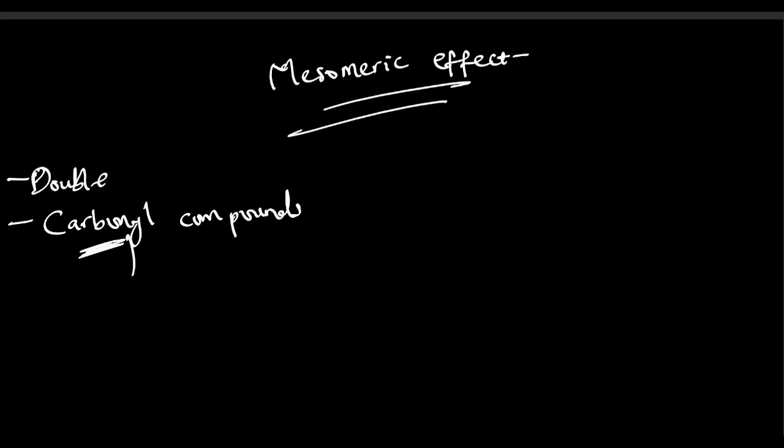I hope you understand what we mean by carbonyl compounds: compounds that have this kind of group in them. Examples are alkanal, alkanone, carboxylic acid, and so on. In these homologous series, there is a shift of pi electrons.